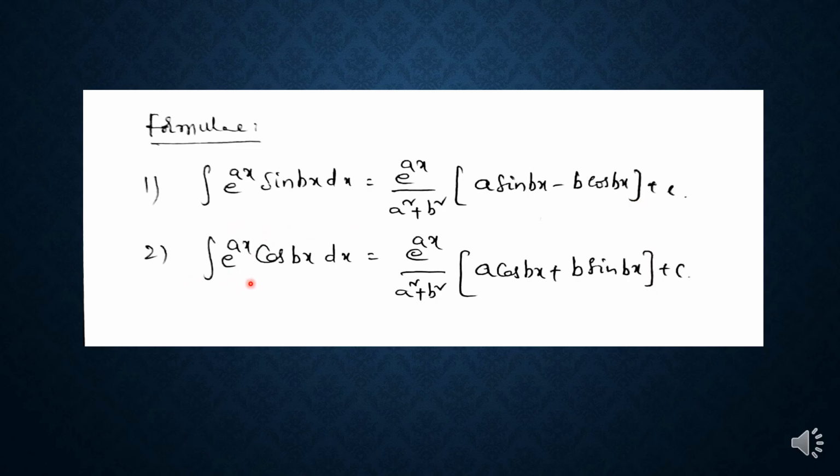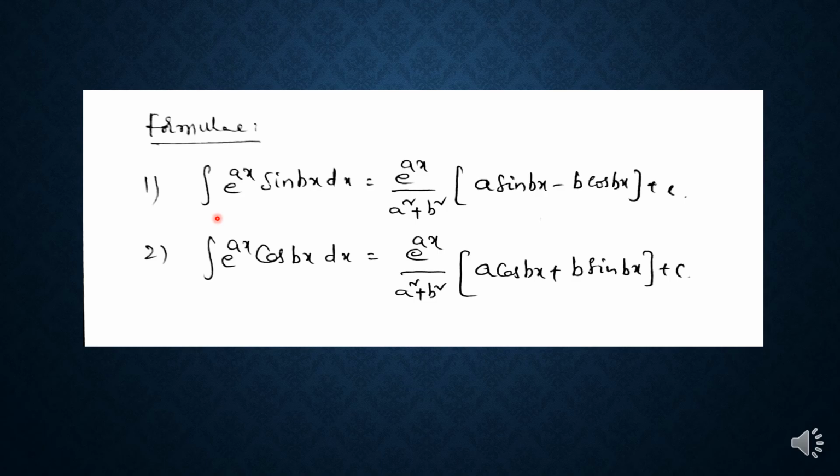And integral e power ax into cos bx dx is equal to e power ax by a square plus b square into a cos bx plus b sin bx plus c. So these formulas can be proved by taking the Euler rule, and also by integration by parts rule we can obtain the results.